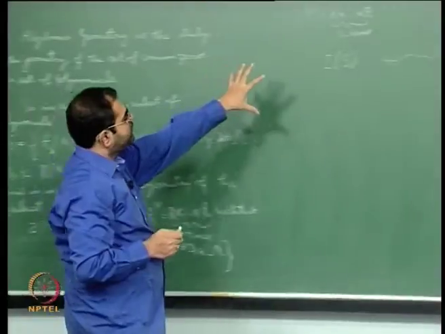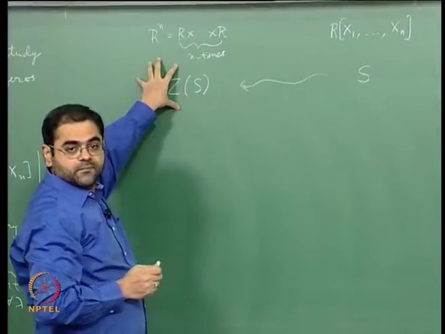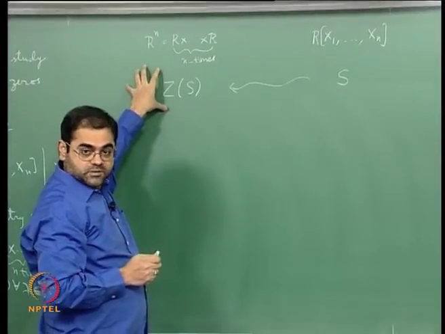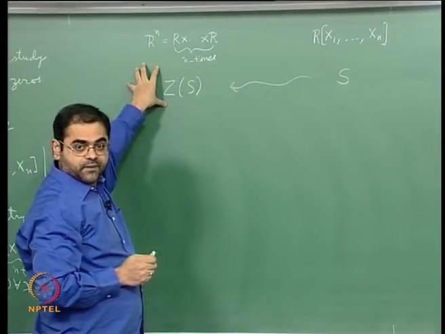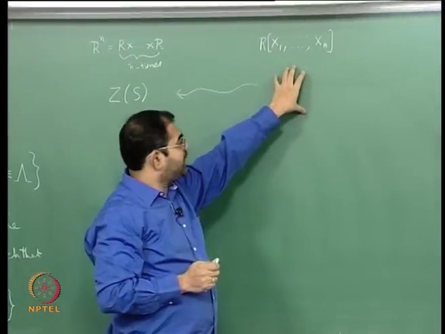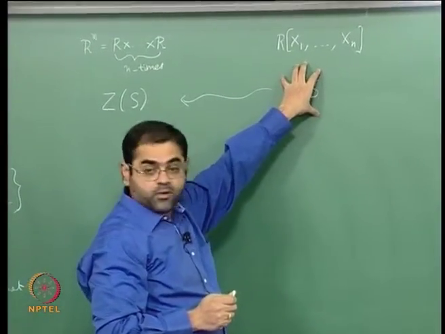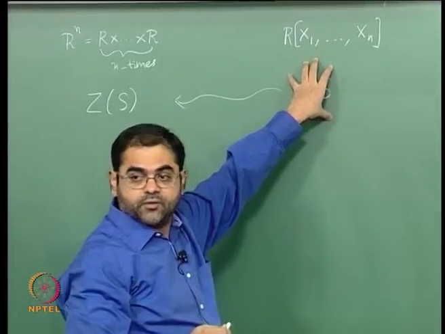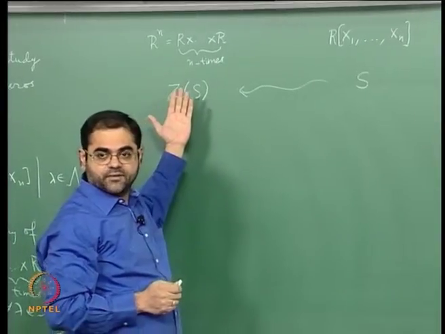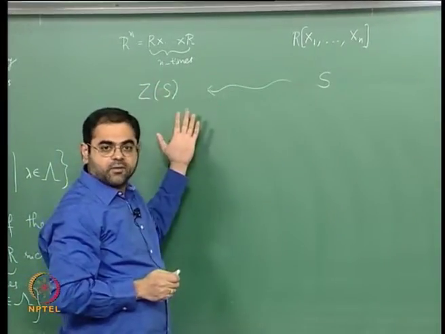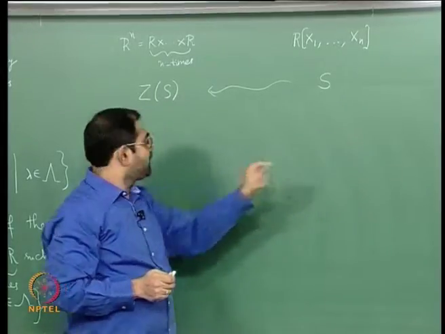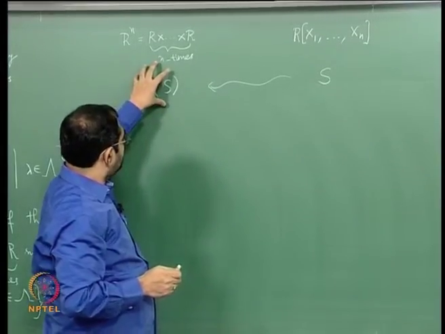There is one side which is the geometric side, where you have the space where you are looking at the zeros, and you have here the algebraic side, which consists of essentially looking at the polynomial ring. So you can already see that there is a commutative algebra side and there is an algebraic geometry side. So algebraic geometry is all about going from this to that and that to this, based on properties on both sides.